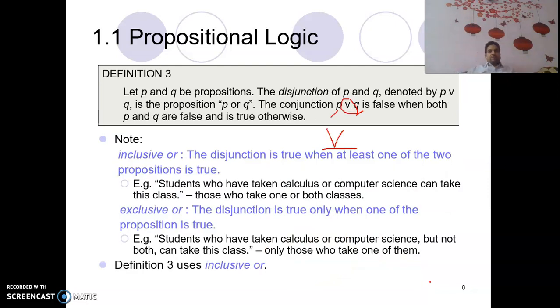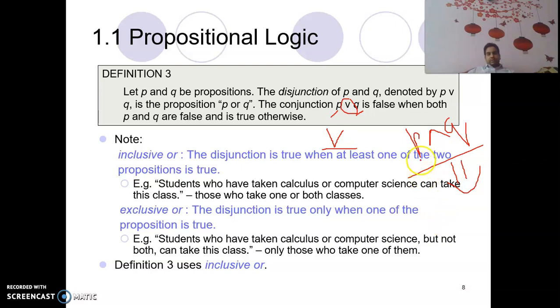Now if we talk about disjunction, suppose we are having two propositions p disjunction q, then p disjunction q is also a proposition, and this proposition can be true or false based on the value of p and q.